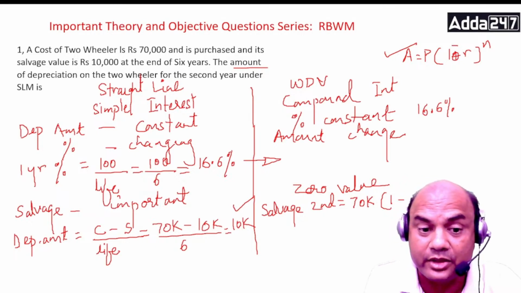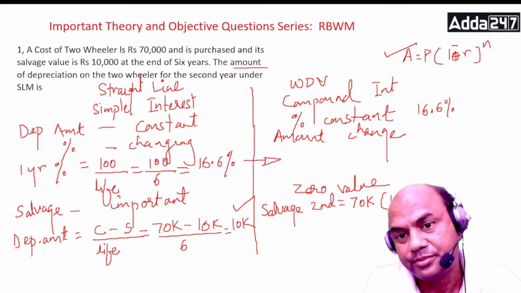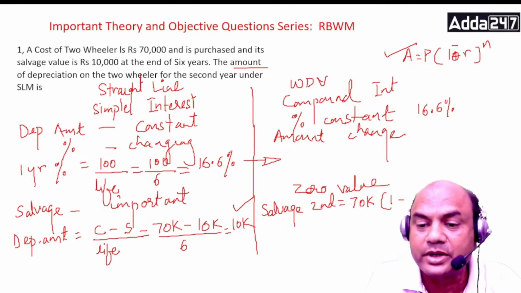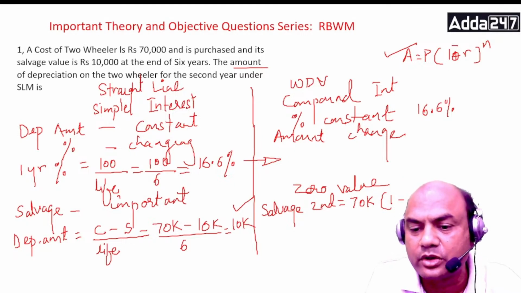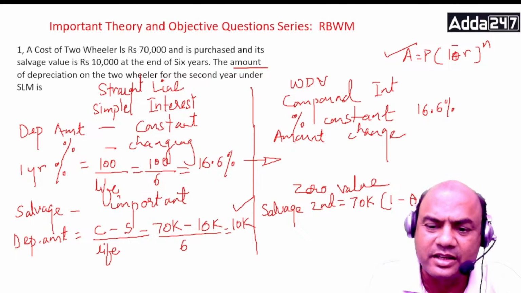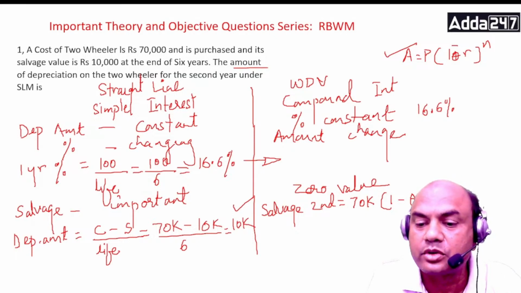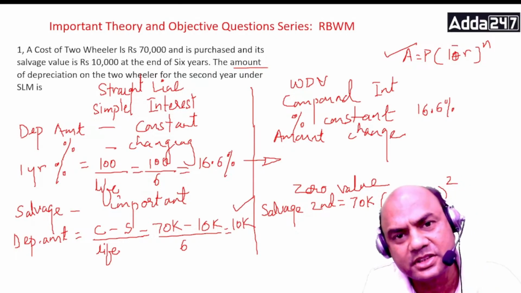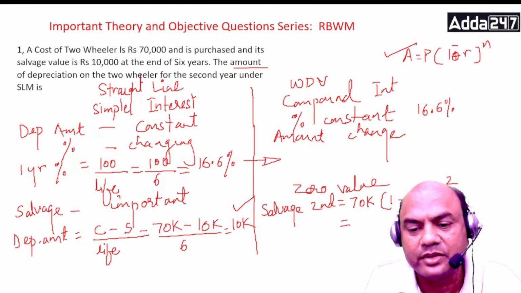That's why this formula is very important. 100 upon life. So minus 16.6%. So I'll just make it 0.166, isn't it? 16.6 upon 100. And how many years I want? Second year. So 2. Do the calculations now. It's simple. So that is the salvage value.